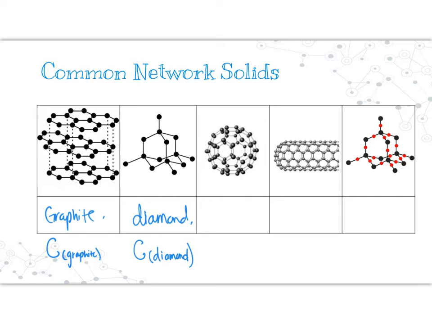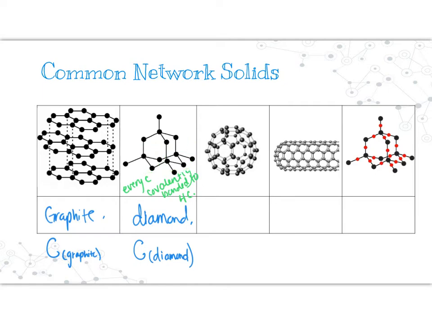Every carbon is covalently bonded to 4 carbons. So there's no need for intermolecular forces to hold this part of the diamond to this part of the diamond to this part of the diamond. You can't actually differentiate parts of the diamond. They are all connected equally and very, very strongly.